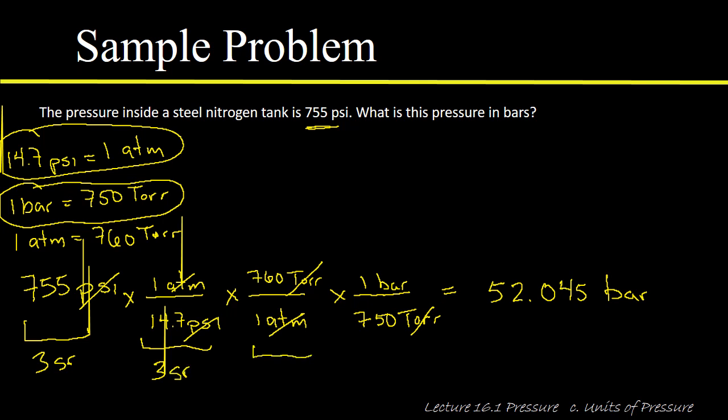This is a definition, so it has an infinite number of significant figures. And then this one is also an approximation, which is correct to 3 significant figures. So it's clear that we need to round our result to 3 significant figures. So that would be our last significant figure. And when we round that, we would get 52.0 bars.